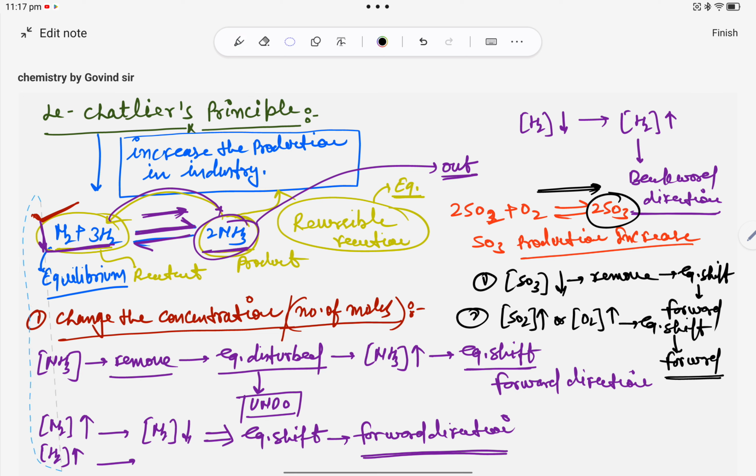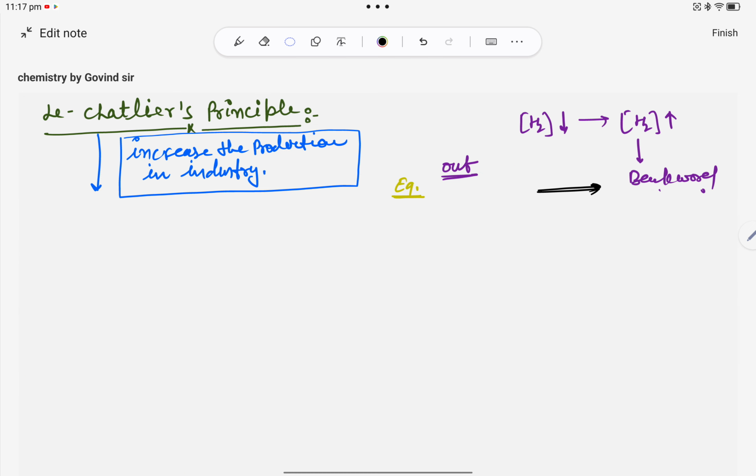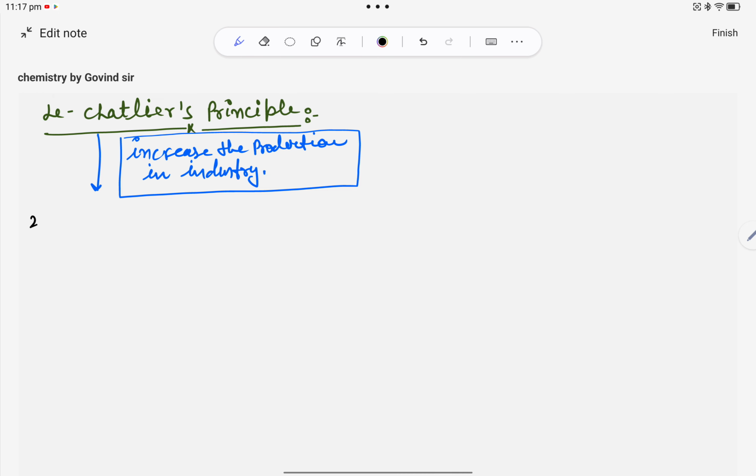Now come to the second point. The second point is change in pressure.